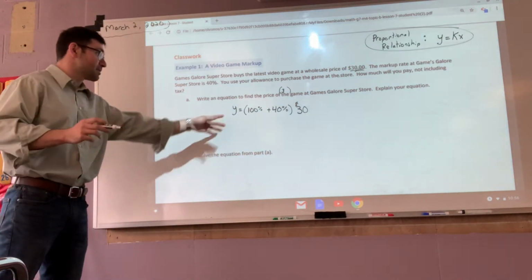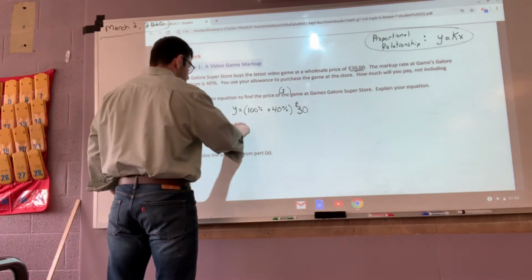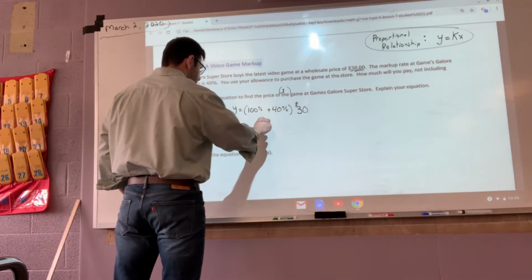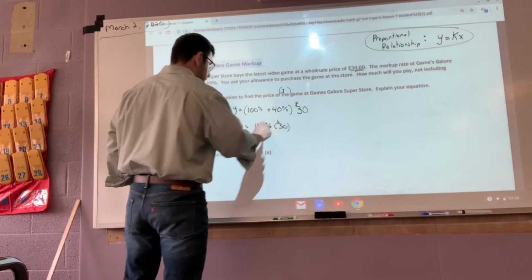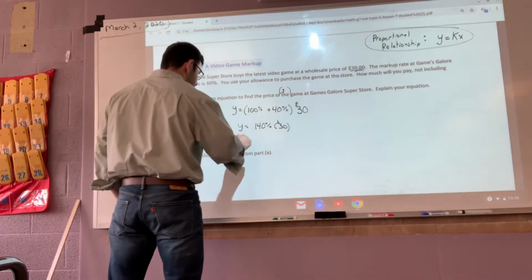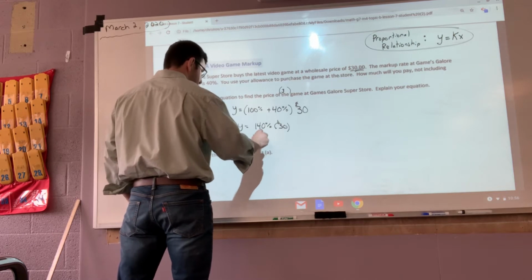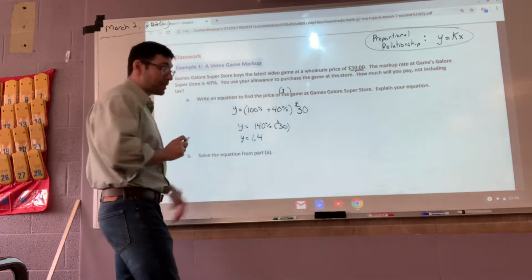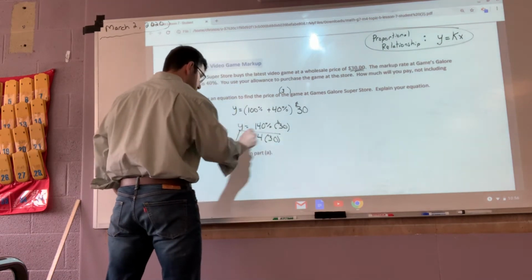If it says solve this, well, I can't solve this yet. Could I write y equals 140% multiplied by $30? Sure, but we need to know 140 is out of 100. So that really leaves me 1 4/10, because if I divide that by 100, it gives me 1 4/10 multiplied by 30.